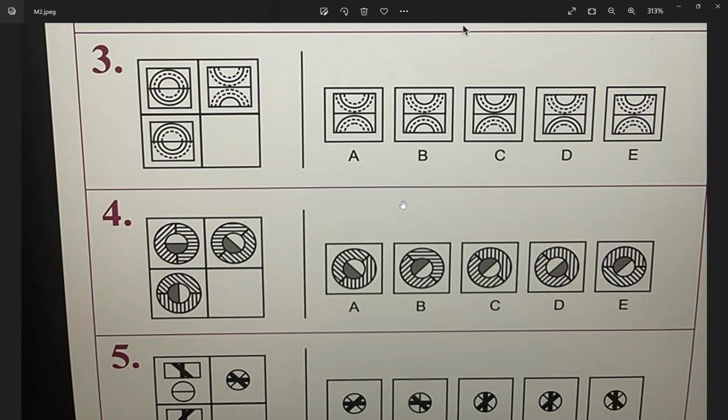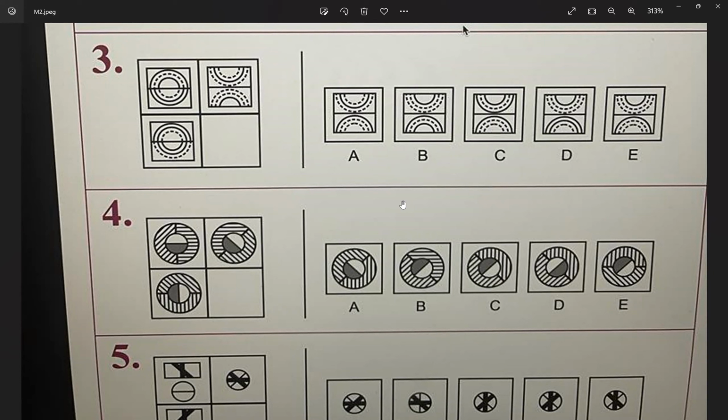We're not leaving any. Okay, now what do you see in question number three? So question number three, there's kind of a circle that looks like a paper is folded, and then it gets flipped, and also the dash line in the middle goes out.